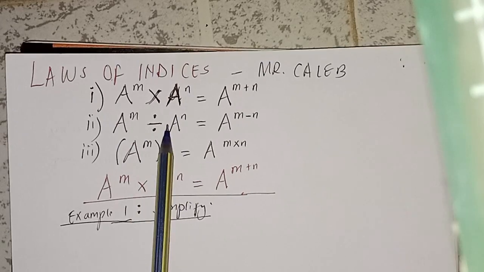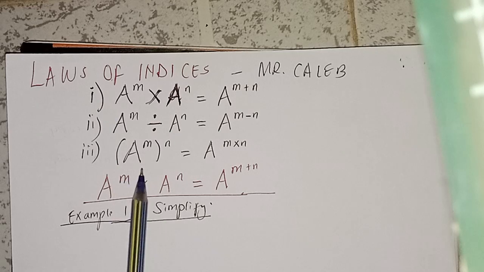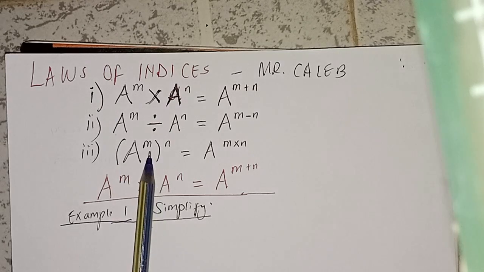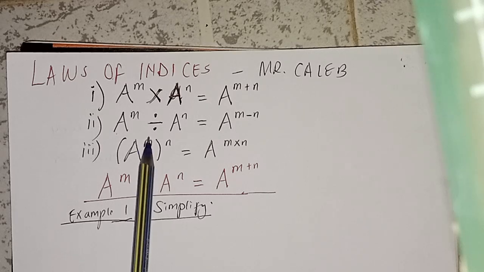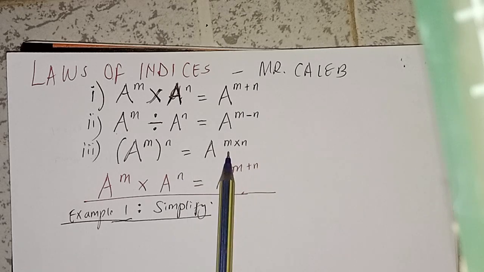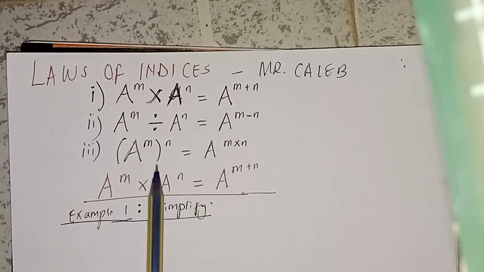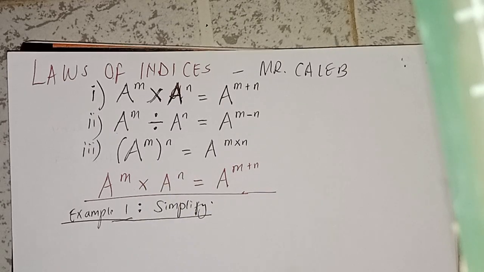And then law number 3 that we'll learn, we call it the law of multiplying powers. You see, we have a number here, we have a power, close the bracket, outside we have another power. So whatever you're seeing on the other side, we are multiplying the two powers. That's why they call it the law of multiplying what? The powers, the law of multiplying powers.